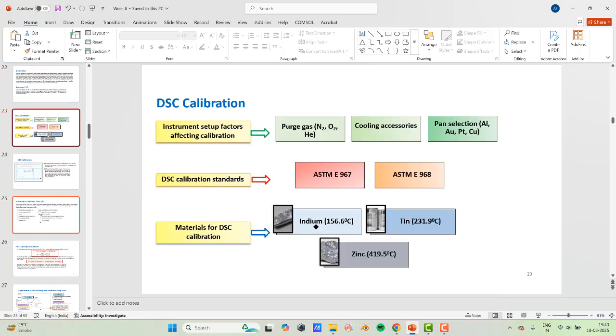Yes. So for the calibration of DSC, we can use indium, tin, or zinc. And why do we use indium? Because the transition temperature is very low for indium. We can also use tin and zinc, but normally people use indium because the Curie temperature is very low, around 156 degrees Celsius.